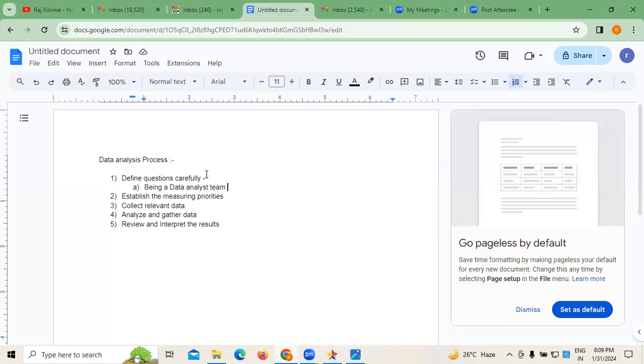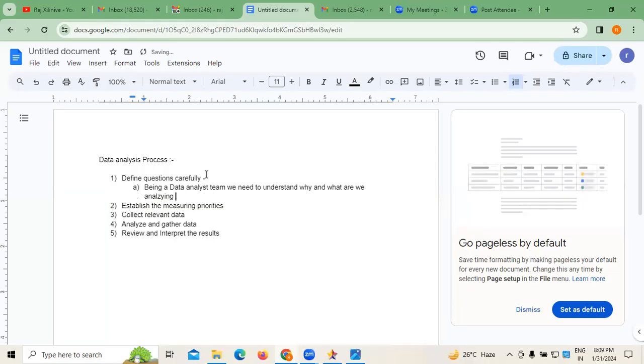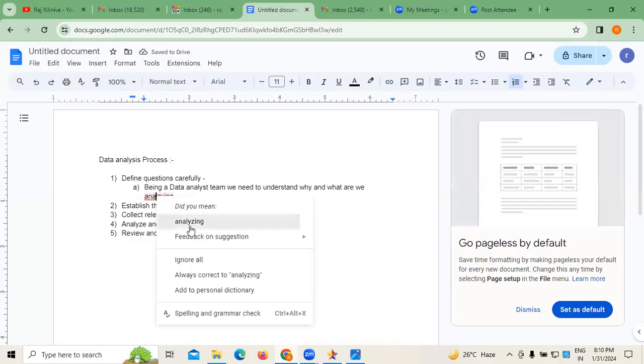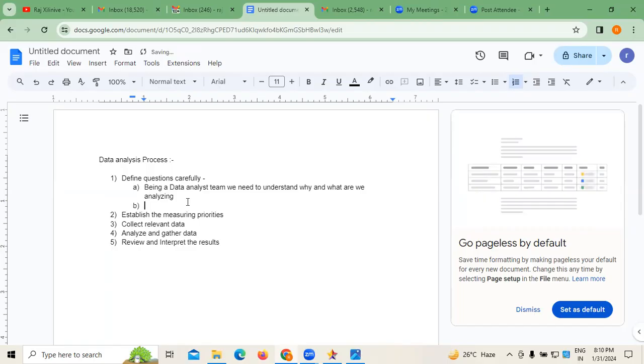Okay. Now, when it comes to defining questions carefully, being a data analyst team, we need to understand why and what are we analyzing. Okay. First of all, we should have clarity over this. This is the first thing. Second, we need to understand the following questions in this. Okay. First point.